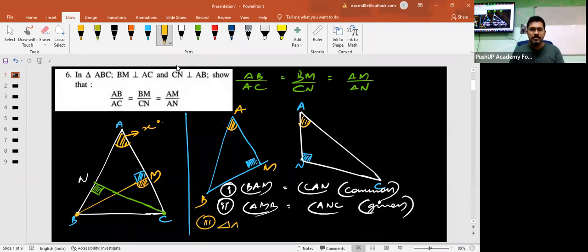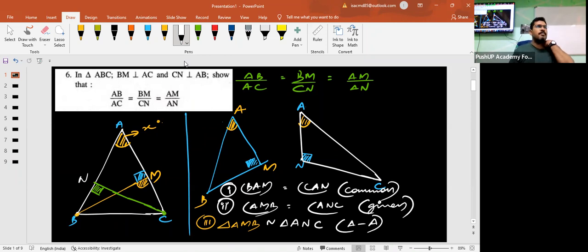Triangle AMB is similar to triangle, I'm teaching congruency in the other class. So triangle AMB is similar to triangle. A will go with A itself. M will correspond to whom? N. And the last one is C. And which axiom have you used? Angle axiom. Right?